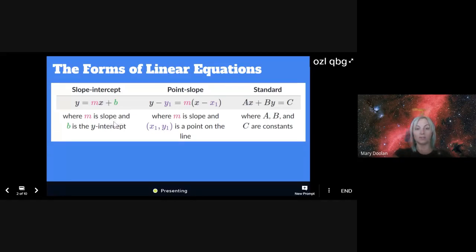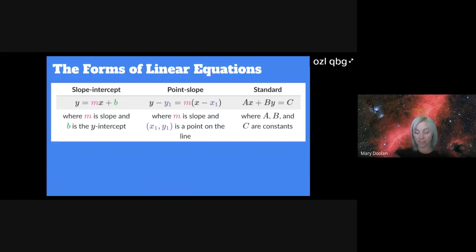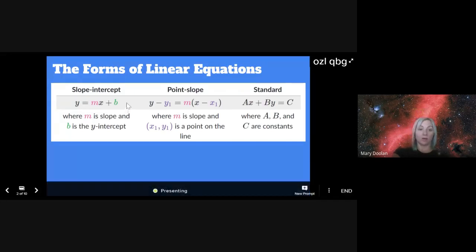It has lots of different interpretations. And b is your y-intercept, where your graph crosses or intercepts the y-axis. So from this form, just looking at it, we can see what the slope is and what the y-intercept is.